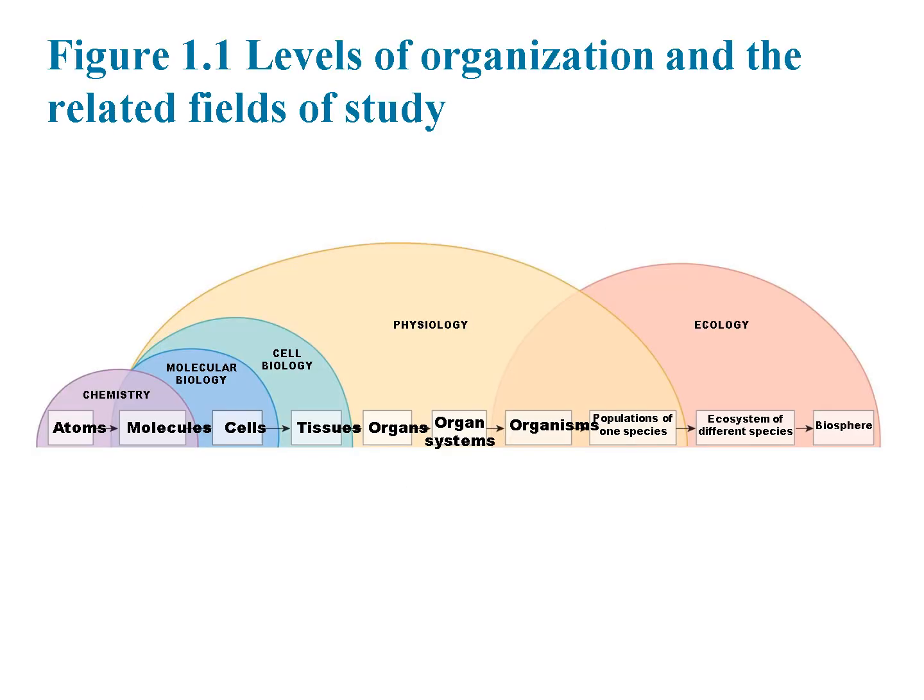Let's break down how life is organized, from the tiniest building blocks to the entire biosphere, and how different scientific fields connect to each level. First, atoms and molecules. Everything starts with atoms, which combine to form molecules. Chemistry studies these fundamental components and their interactions, like how oxygen and hydrogen atoms form water.